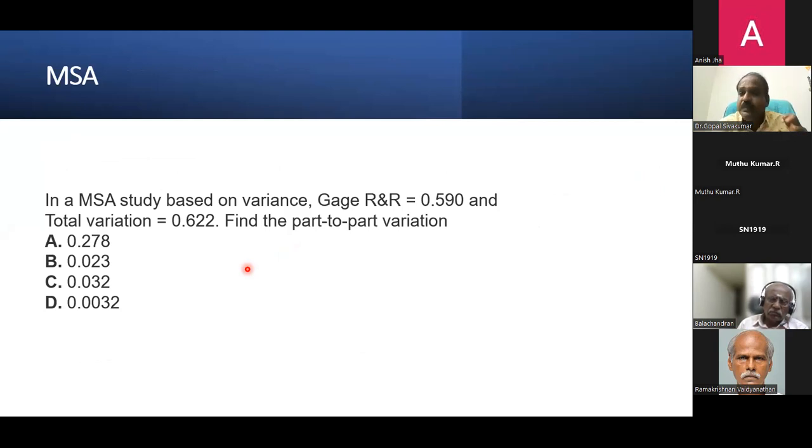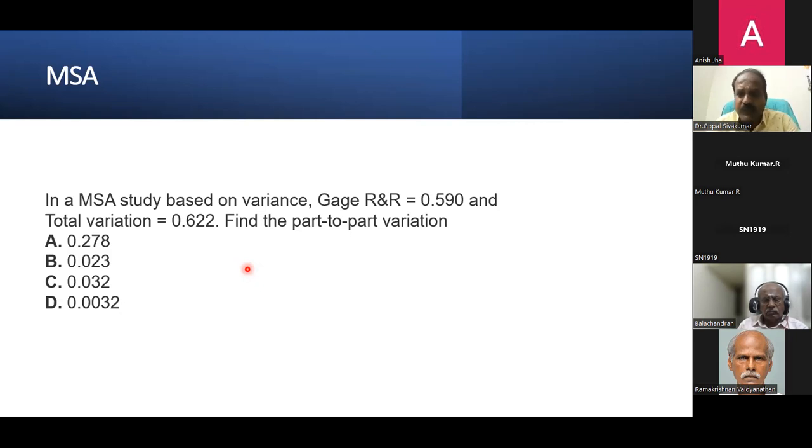First table based on variance. Second table based on standard deviation. The only advantage with the variance is there is an equation. Total variation is equal to measurement variation or the gauge R&R plus part-to-part variation.